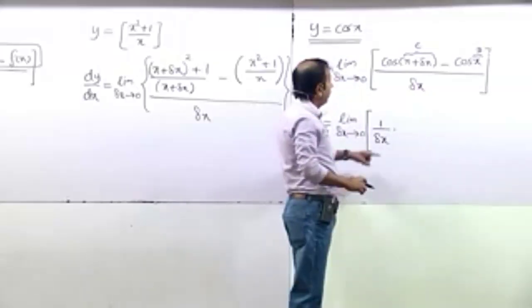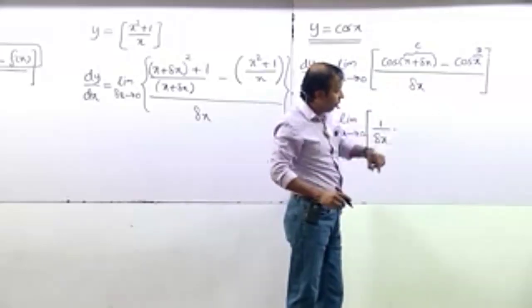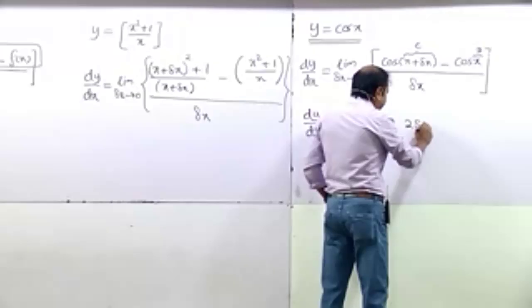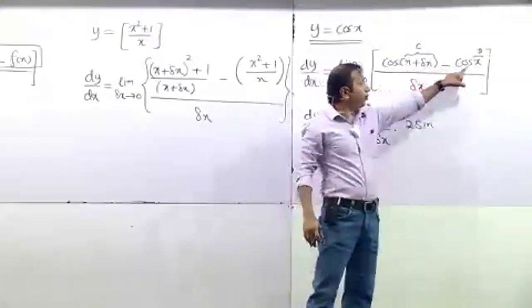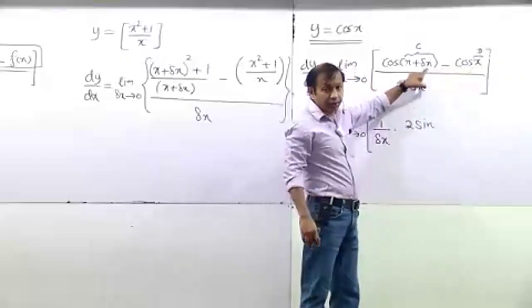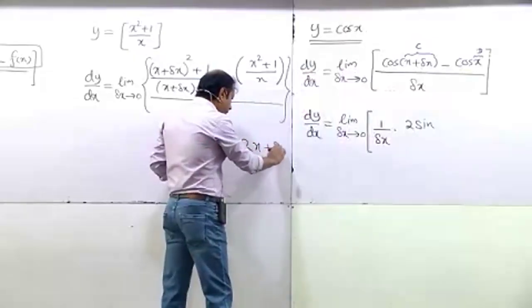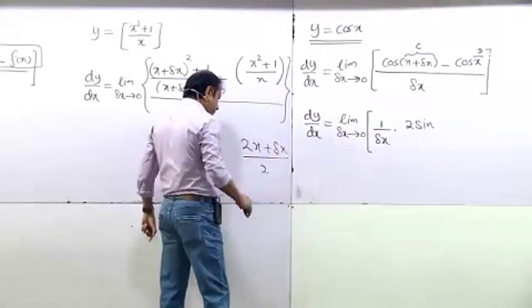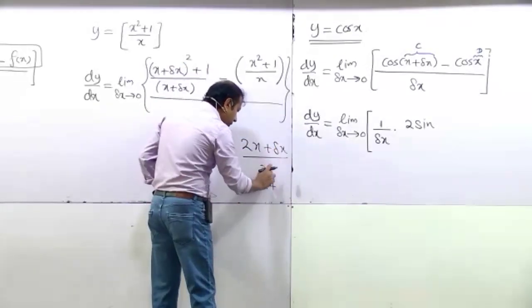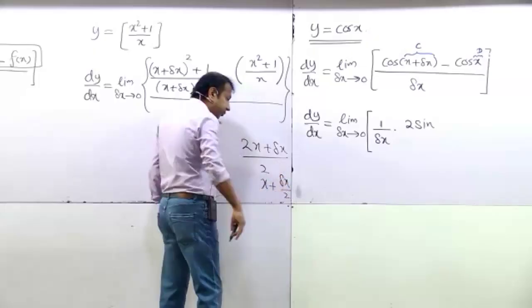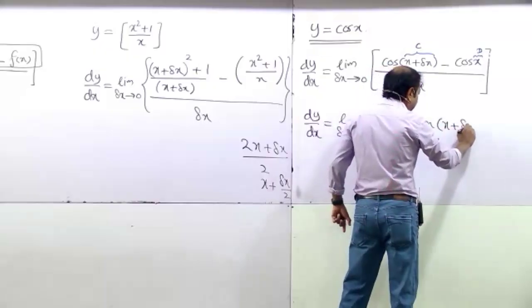Now, we can apply here cos C minus cos D, 2 sine of these two angles, x and x plus delta x, 2x plus delta x, we have divided by 2. Then what happens? This we have divided by 2, we get x. This we have divided by 2, we get delta x by 2. Then we get what? x plus delta x by 2.